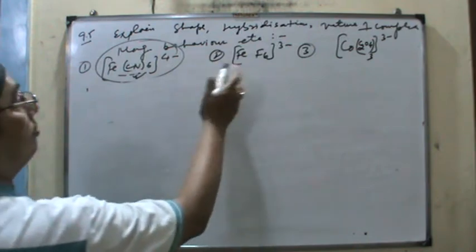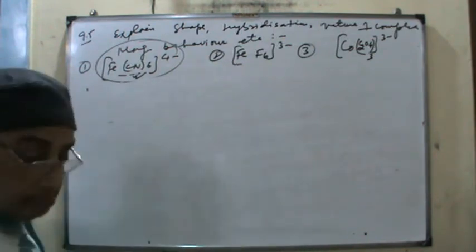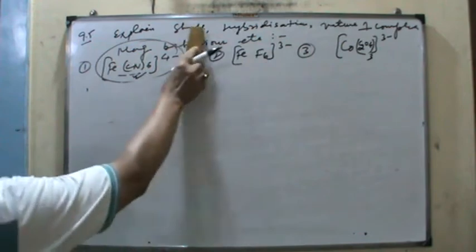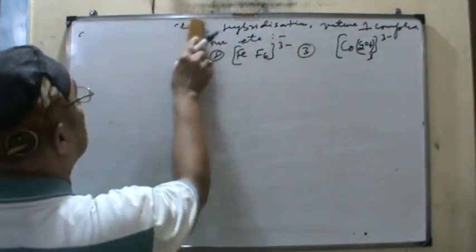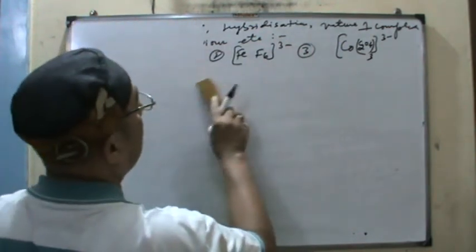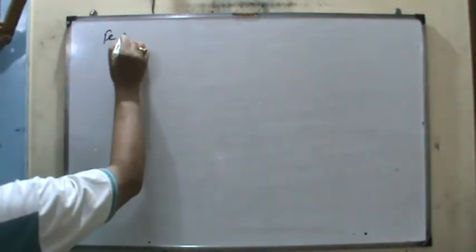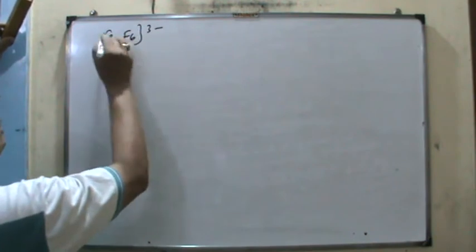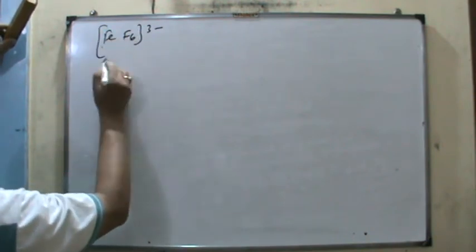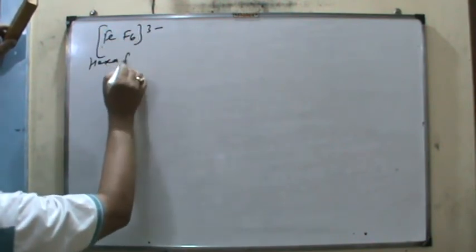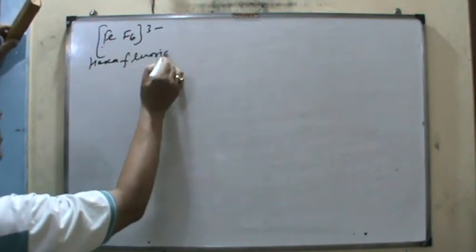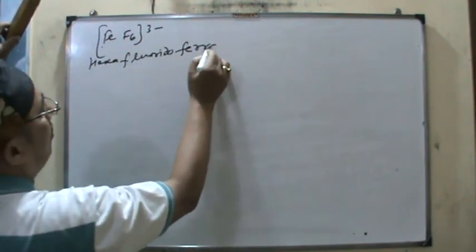Now take this one. What is the IUPAC nomenclature of this compound? FeF6, 3 negative. Hexafluoridoferrate.